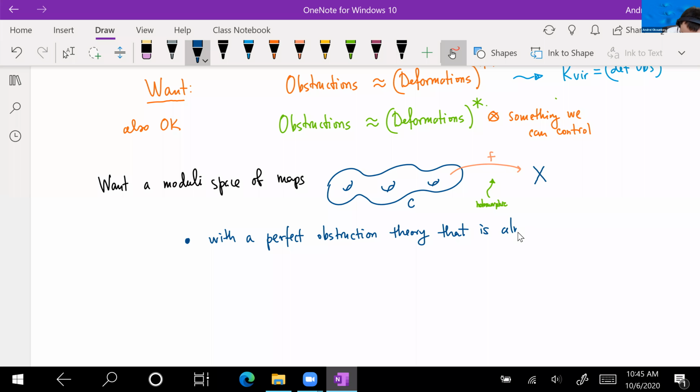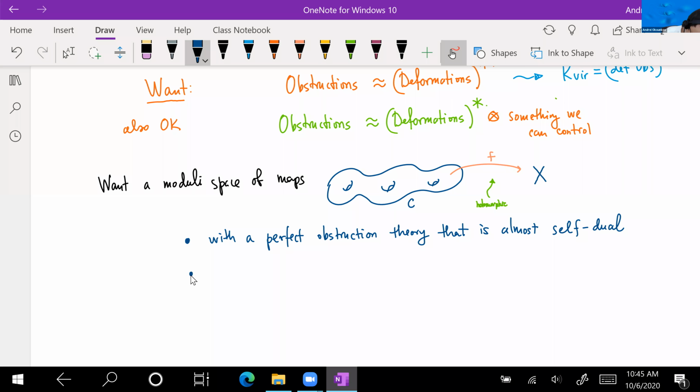Almost is not a technical term, but I'll explain what it means. Almost self-dual means that we can achieve self-duality by inserting other things in the integral.